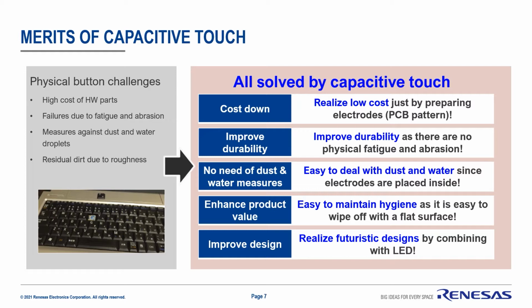We can have some failures of this hardware part. We need to put in place some measures against water droplets, for example. And it's not easy at all to clean. The surface is not flat, with several mechanical buttons, for example. And it's really true for all home appliances in your kitchen.